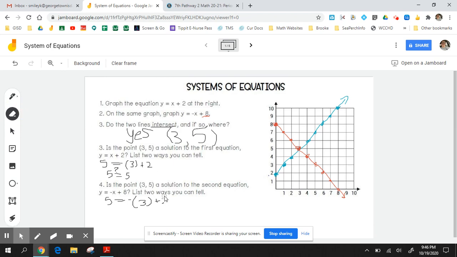This is not a 2. Remember, we changed our equation, so it is an 8 right here. And we do know the 5 stays. -3 plus 8 does give you 5. And again, it does land on the red line here. So that's the second way we can tell that it works.